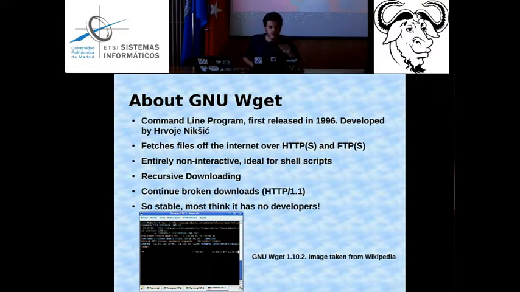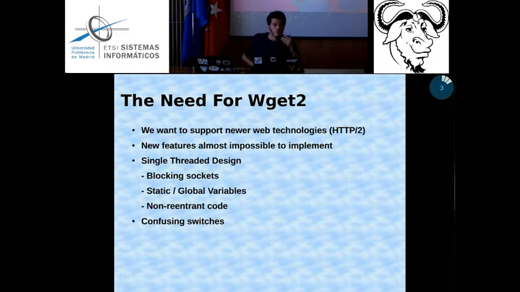So the question here is, why do we need to write an entirely new WGET? One of the reasons is that we want to support newer web technologies like HTTP2, which I will explain a bit later.